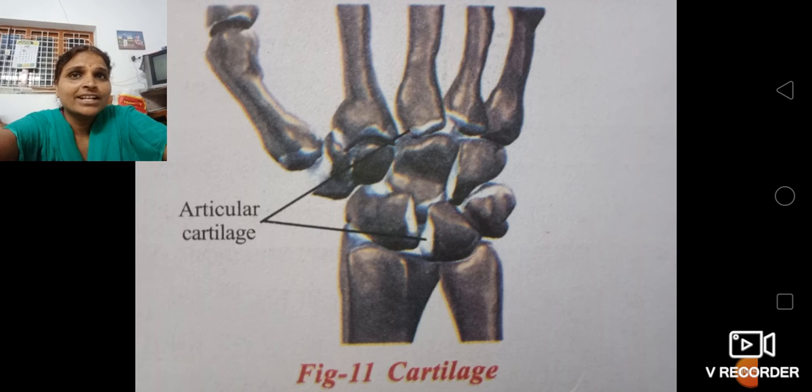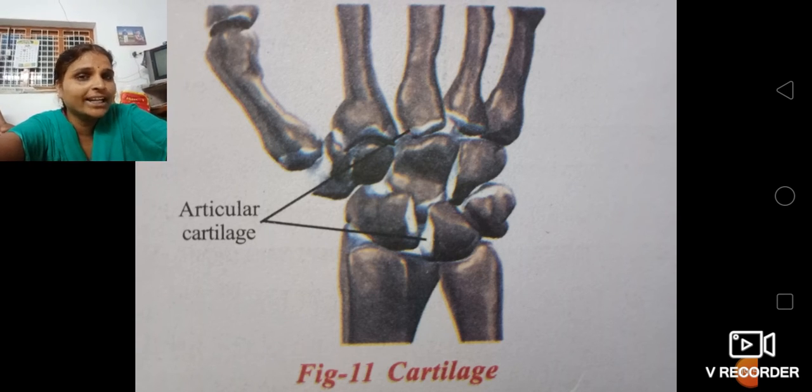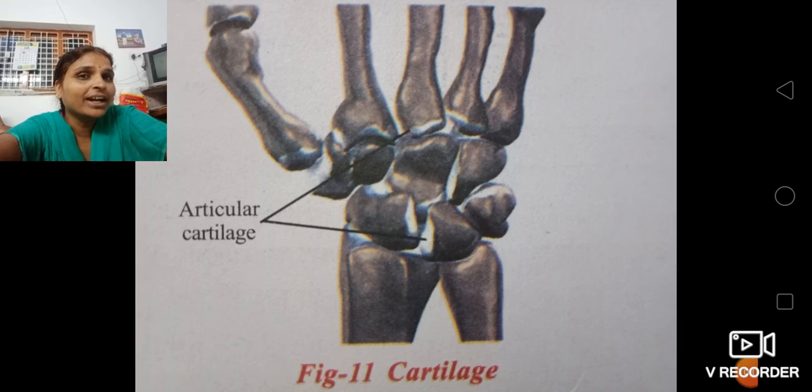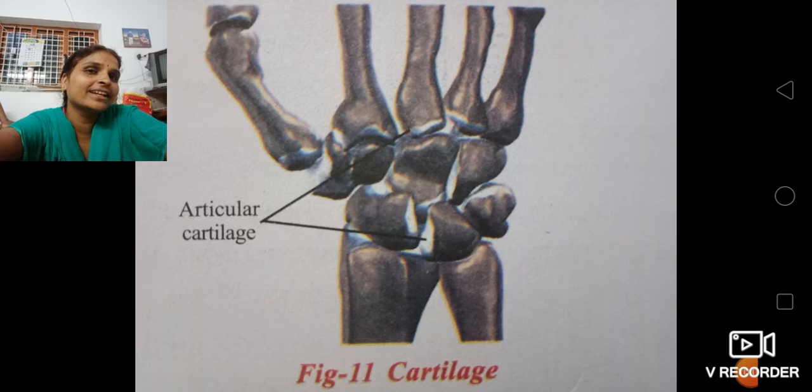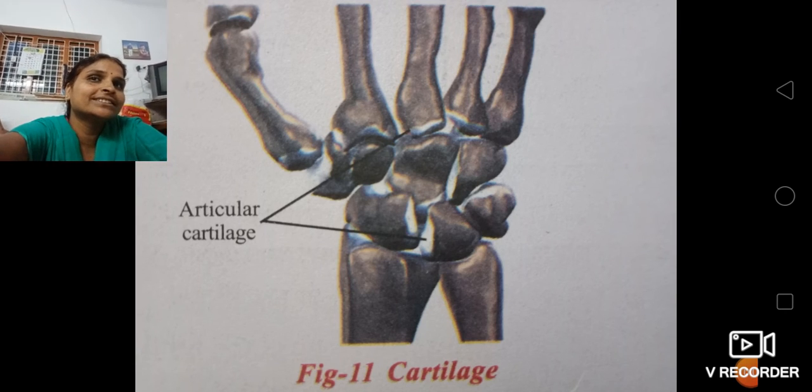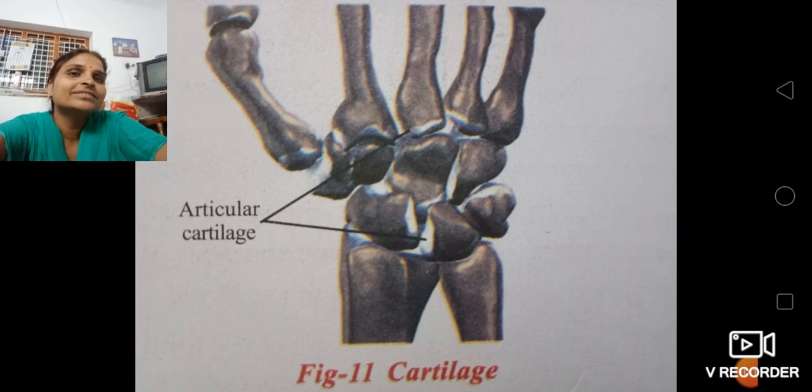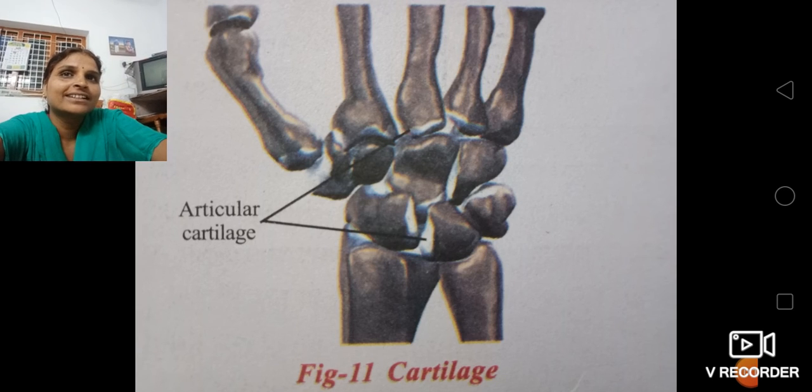I will ask a question. We know bone is attached to another bone by the ligament. Bone attached to muscle, by which tissue is it helped? Say anyone? That is the tendon.